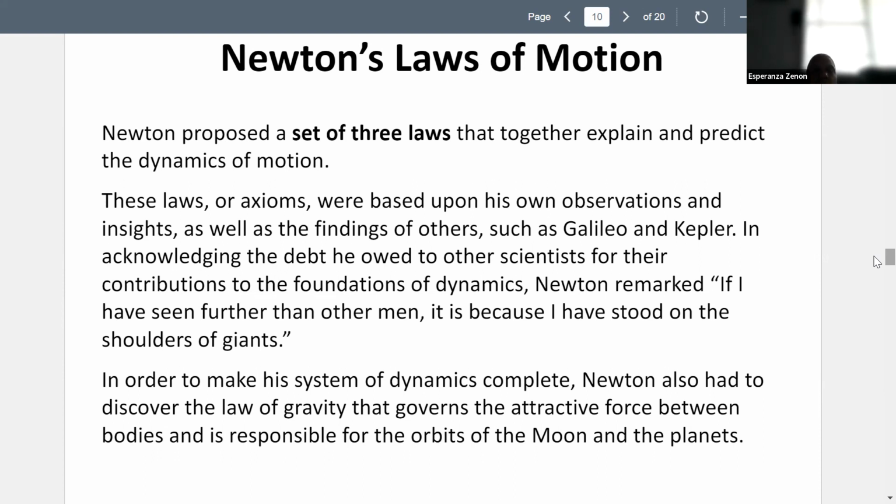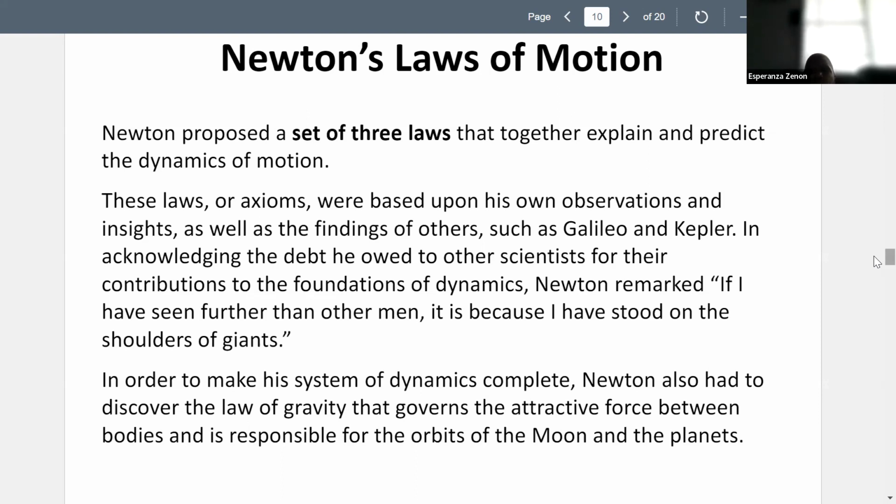Okay. And so these laws were built over time using the observations and findings of folks like Galileo and Kepler. Kepler's laws are fundamental in terms of understanding the motion of planets. And in fact, Kepler has 3 laws as well. And we'll kind of look at those, but not right at this point.